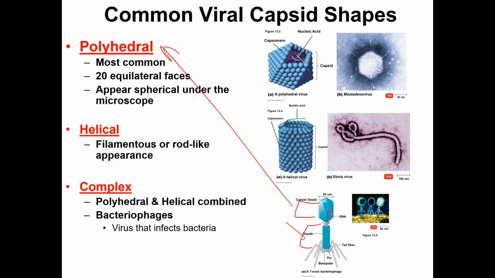The tail sheath is helical. And then I'll talk about the little legs later on. Okay? All these parts have a purpose. So why are we looking at these guys primarily here? That's because most bacteriophages have this complex shape. And that is going to be our model virus for this chapter.